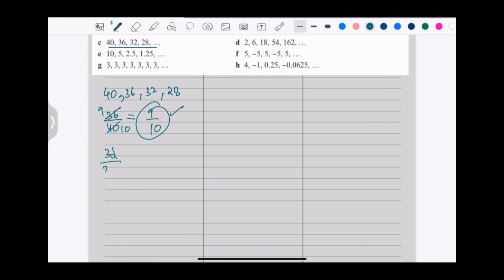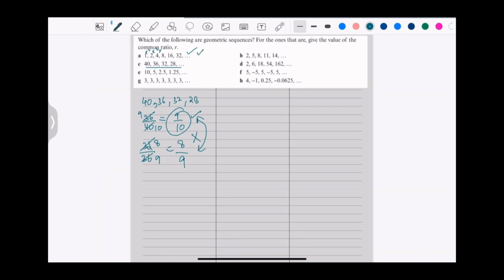Then 32 over 36, 4 times 8 over 4 times 9, is 8 over 9. So if these two are not the same, then it is not a geometric progression. You may try solving the rest of these questions on your own.